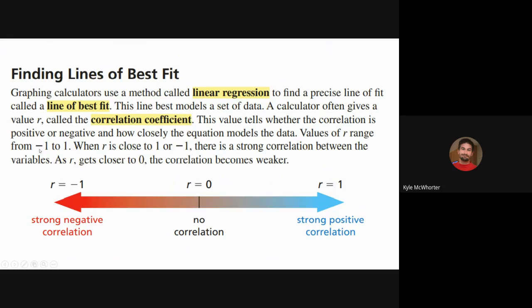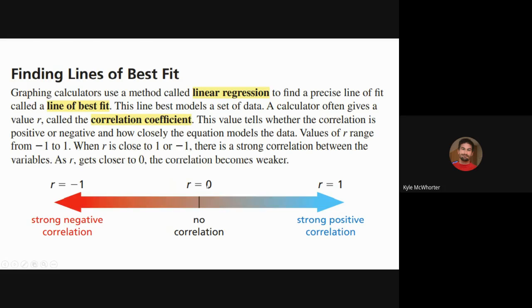The closer to -1 or 1, the better the model is. The closer to 0, the worse the model is. So when R is close to 1 or -1, there's a strong correlation between the variables. And as this R correlation coefficient gets closer to 0, the correlation is weaker. R equals 1 is a strong positive correlation where the line really matches it, but it has a positive slope.